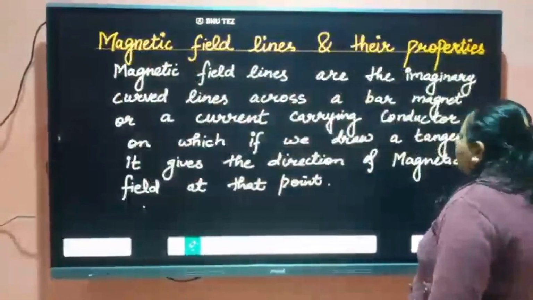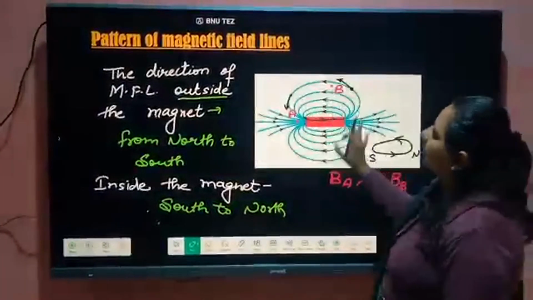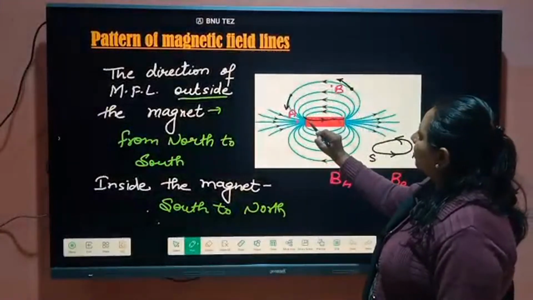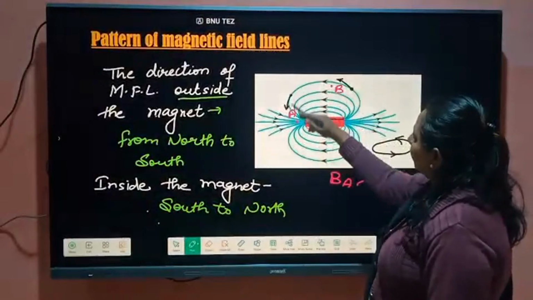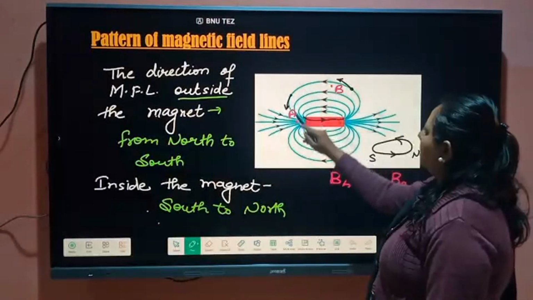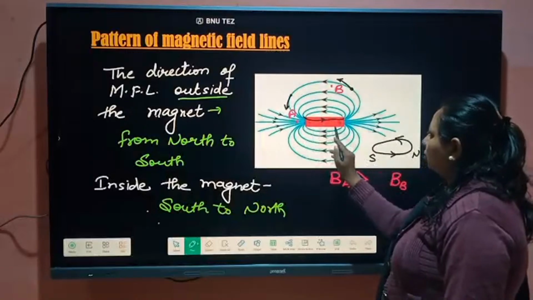If we see in a diagram, this is the pattern across a bar magnet. All the magnetic field lines originate outside the magnet from the north and end at south, and inside the magnet, south to north.